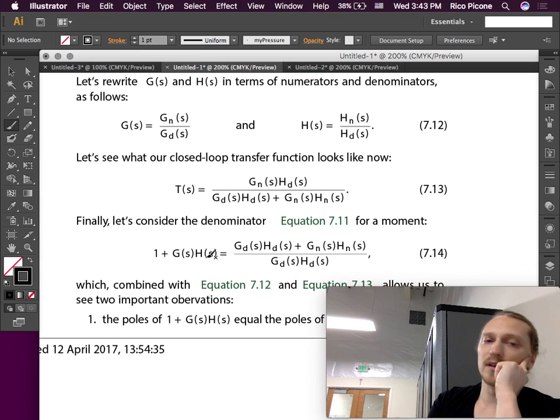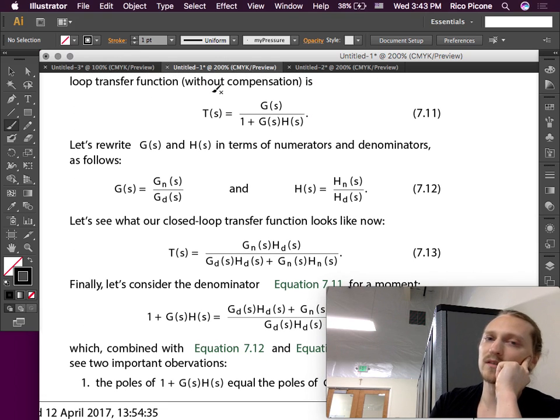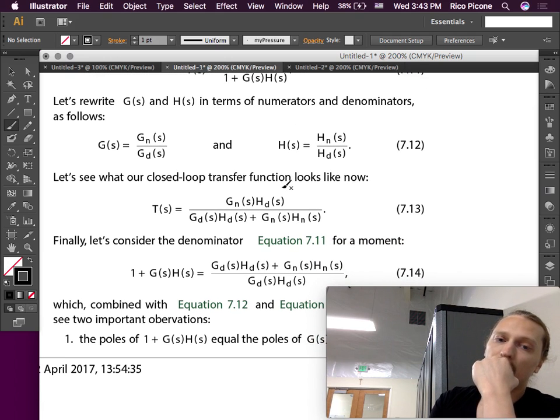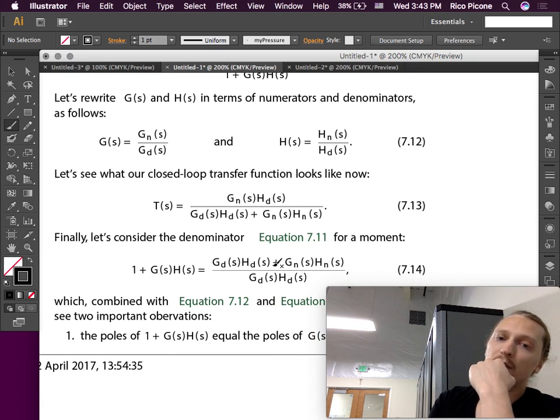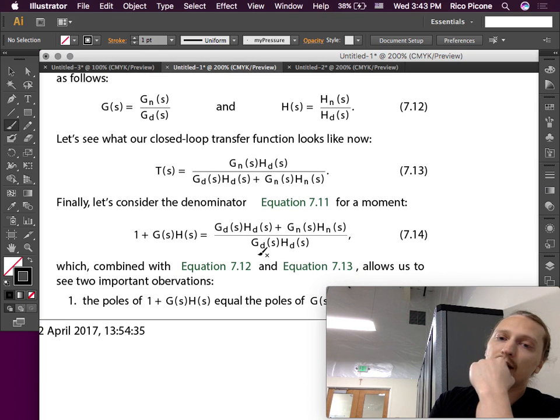That's something to notice. Let's consider the denominator of equation 7.11, which is the closed loop transfer function, and we set it equal to this term.